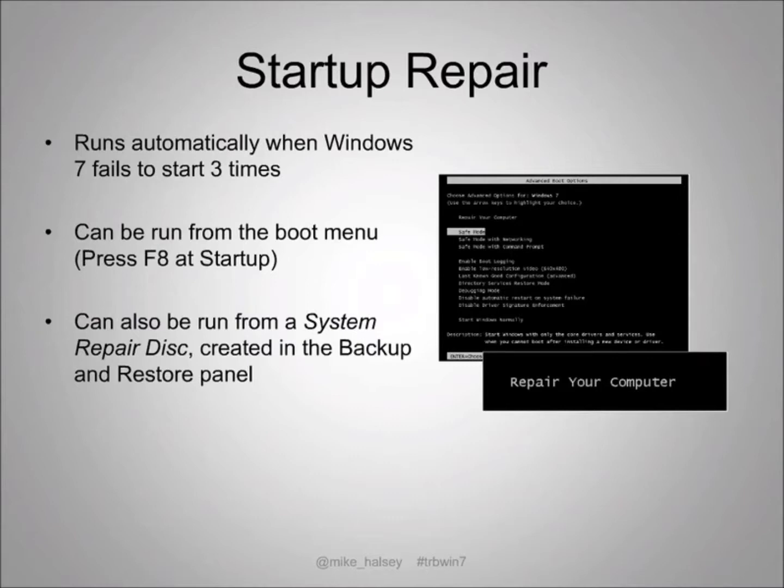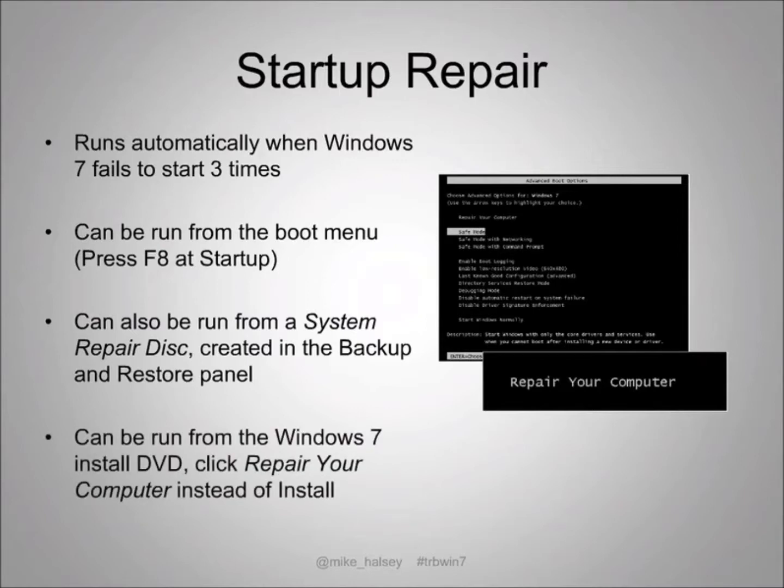It can be used to repair any 64-bit copy of Windows 7, but only 64-bit copies. Same if you want to start a repair disk for 32-bit Windows, you need to create that disk using a 32-bit copy of Windows.